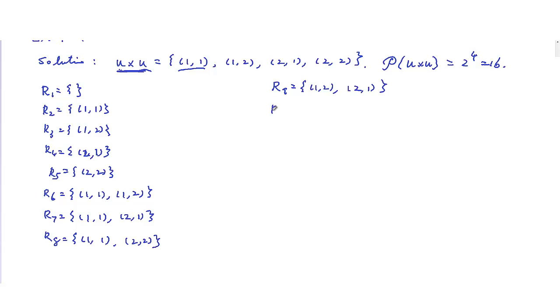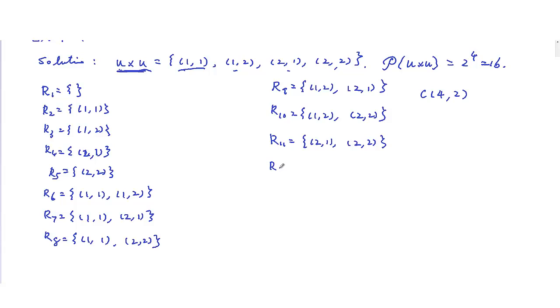This is a 2 element subset. R10, you take (1, 2), (2, 2). R11, you take (2, 1), (2, 2). To see how many 2 element subsets, this is a good exercise for combination. You have 4 elements here, take 2 at a time. That shows you how many 2 element subsets.